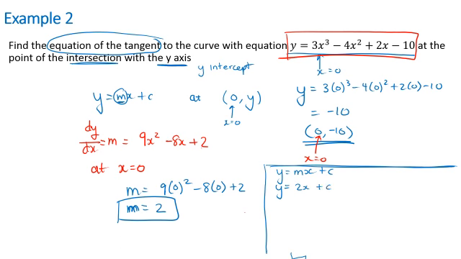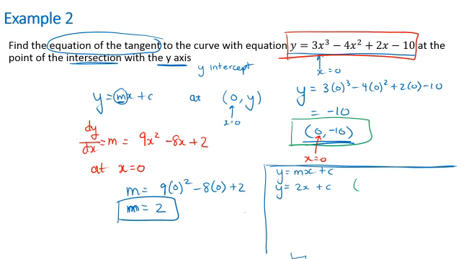How do you find c? Well, I've got these coordinates over here. I already solved that when x is 0, y is negative 10. That's where the tangent intersects.